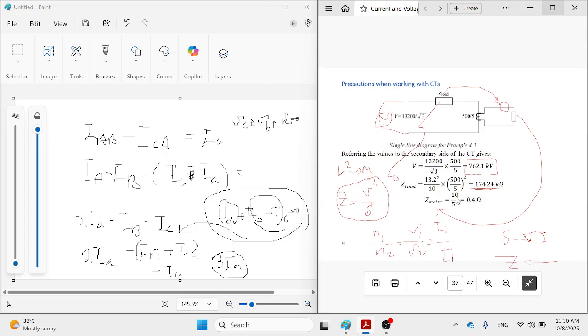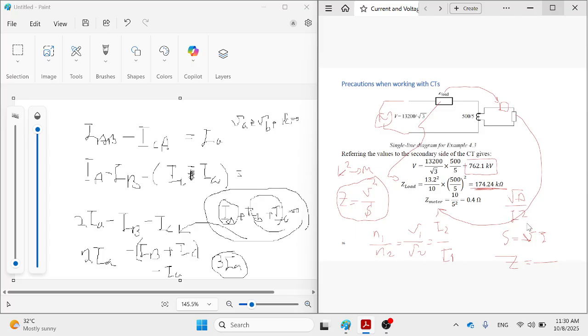The Z is V2, no, I think here they're using somehow a different formula to calculate the Z meter value, which is 10 volt-amps divided by A2.